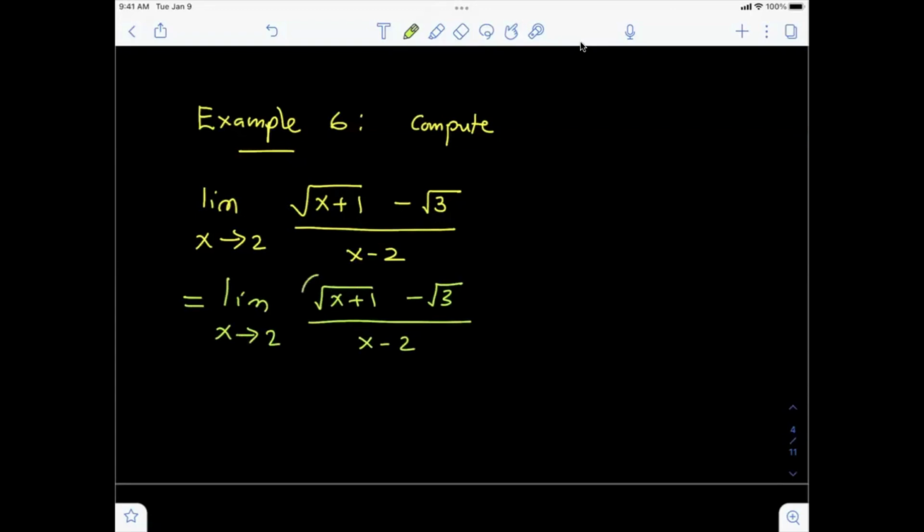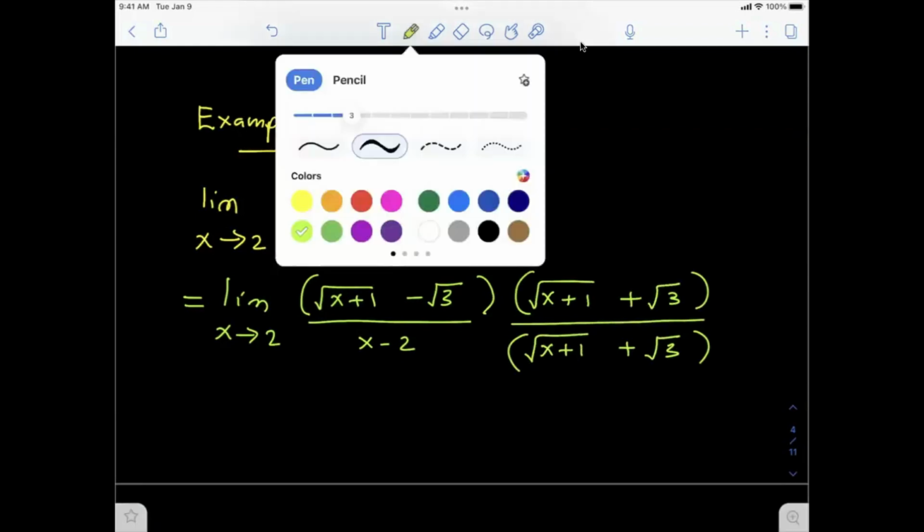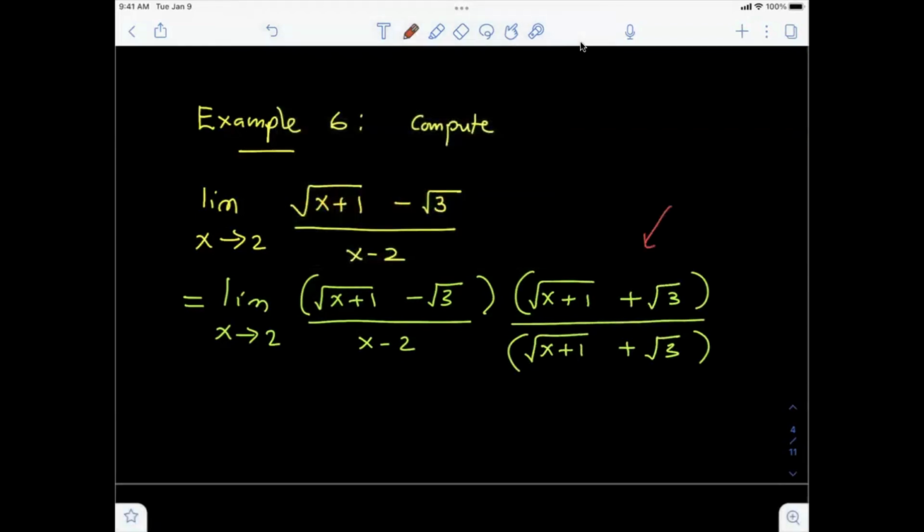I copied it down, and then I'm going to multiply the top and the bottom by a certain term. What is that particular term? That term is none other than, okay, do you recall some kind of a resemblance? It is exactly the numerator, but other than having a minus in between, now I do have a plus. Do you recall what this is called? This particular term is called the conjugate.